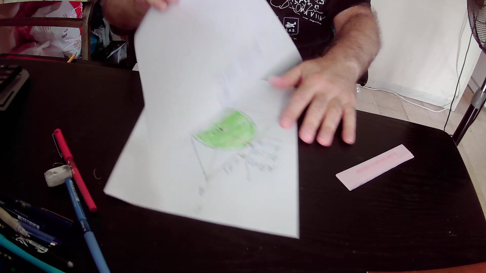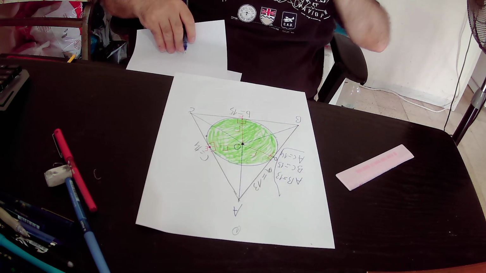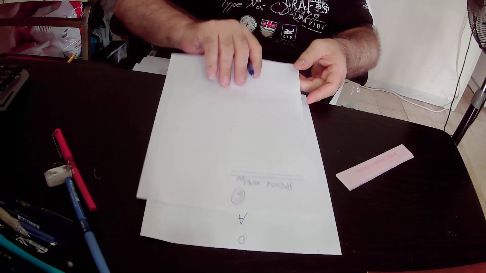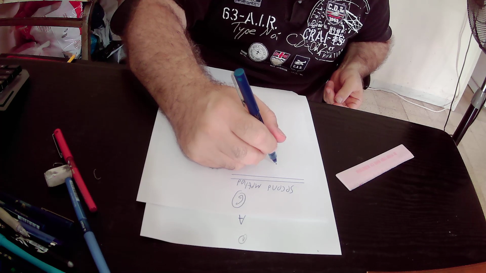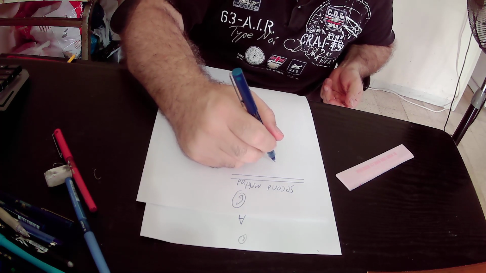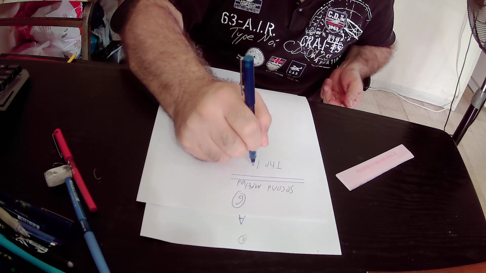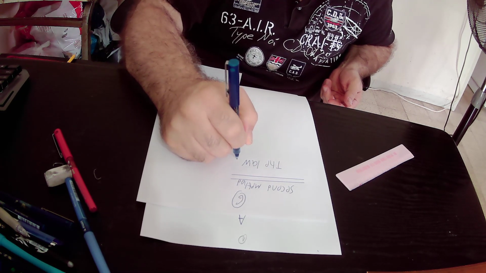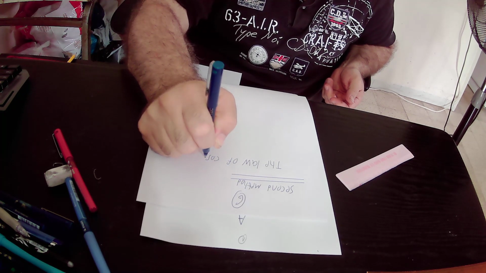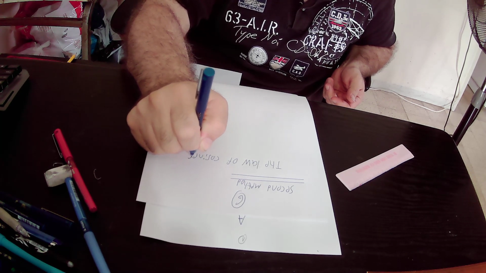We will find the area of triangle ABC according to the law of cosines. The law of cosines applies to any triangle. We can use it in any triangle.